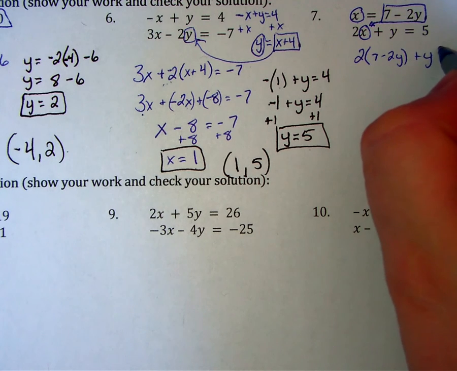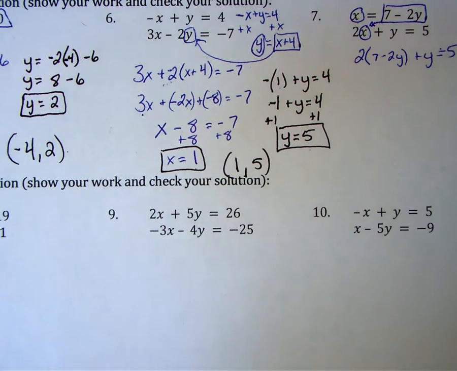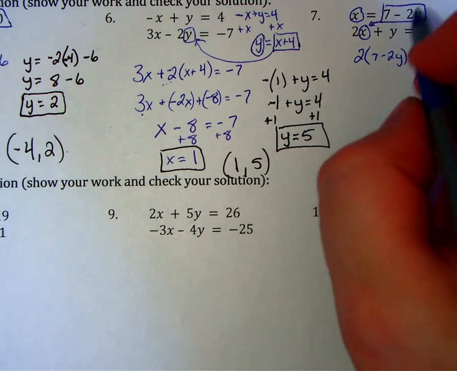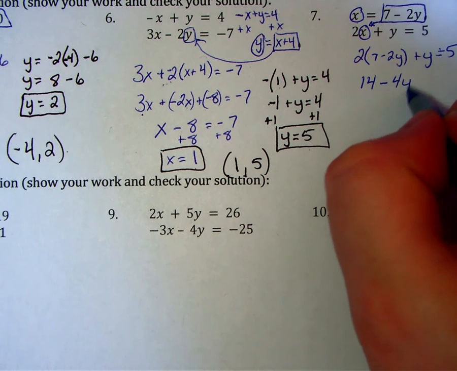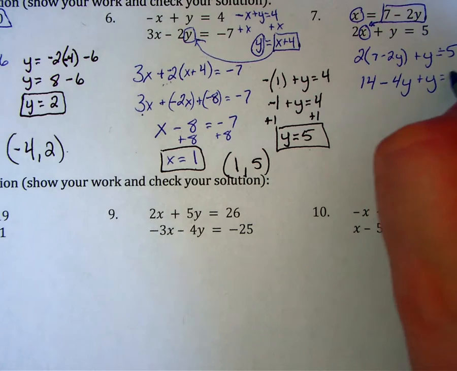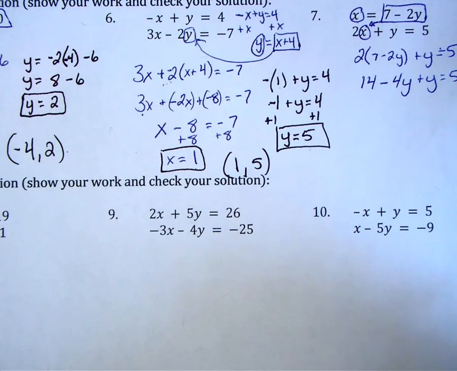And we finish with the rest of the equation. So now I need to distribute. 2 times 7 is 14 minus 4y plus y is equal to 5, where I will subtract 14 from both sides.